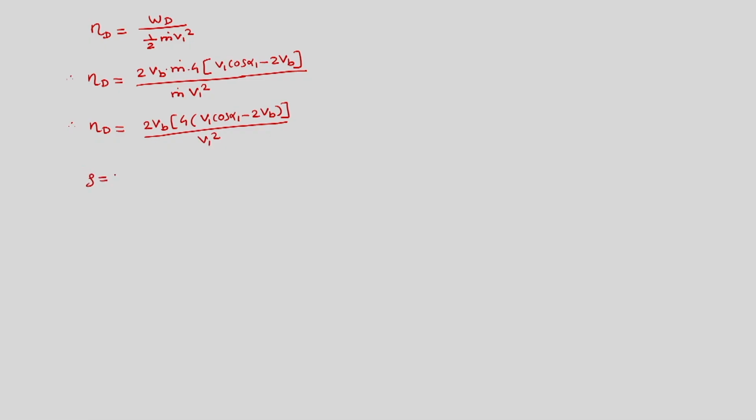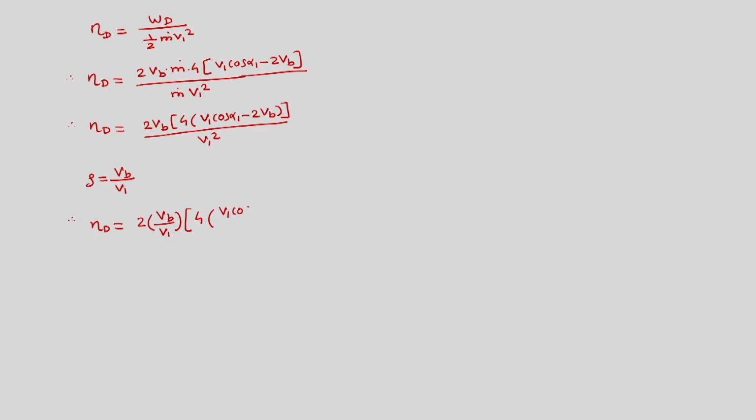Now let us say that rho is equal to VB upon V1. So we have diagram efficiency equal to twice VB upon V1; one V1 is given here, and the other V1 we will keep inside.